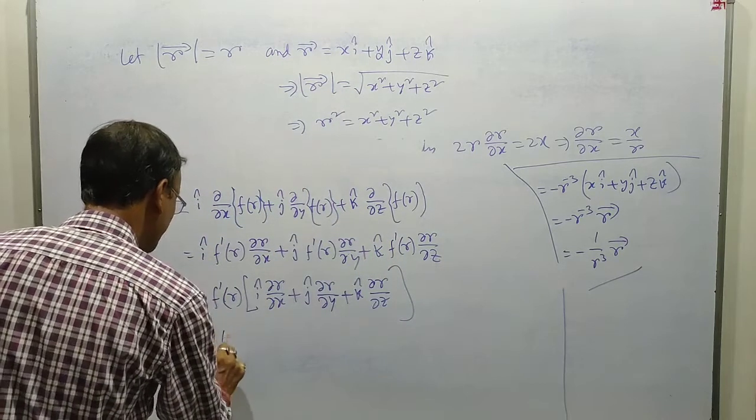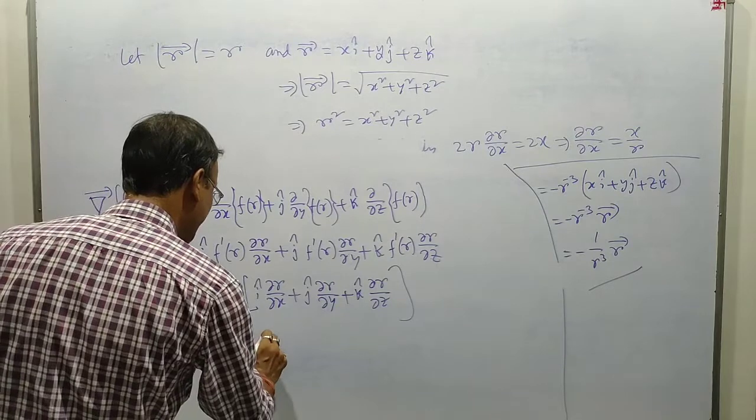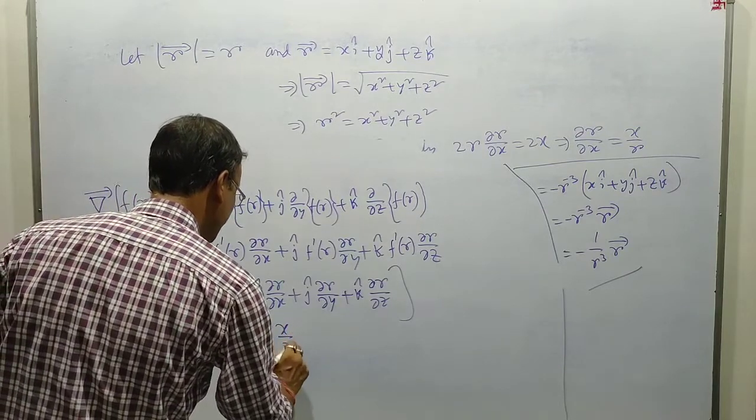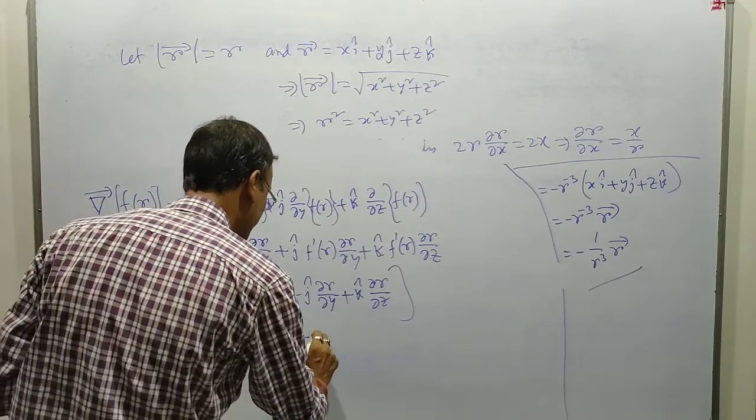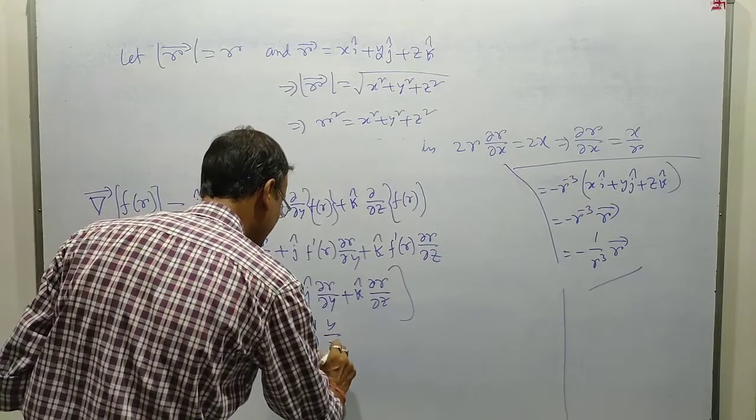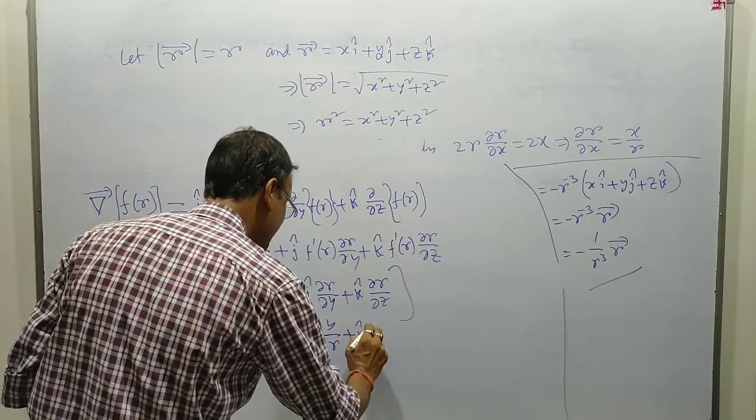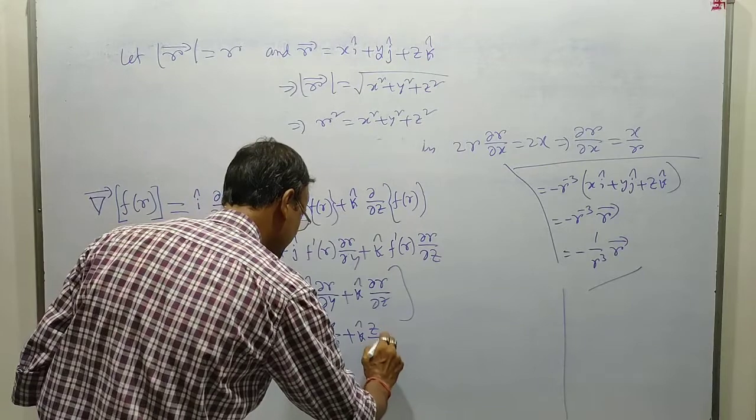This is equal to f dash r times i cap, which is nothing but x by r, plus j cap, which is nothing but y by r, plus k cap, which is nothing but z by r.